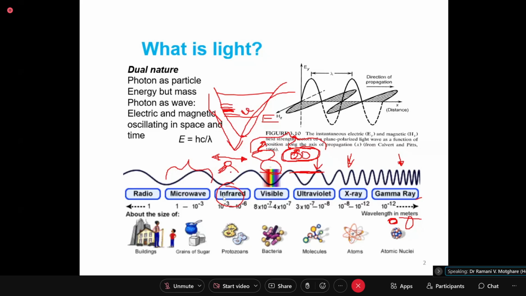The vibrations can be a scissoring sort of vibration, or bending above the plane and below the plane, or you call it rocking, like both the hydrogen atoms moving simultaneously on one side.